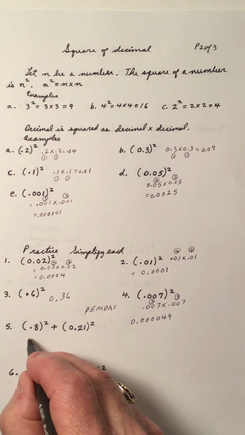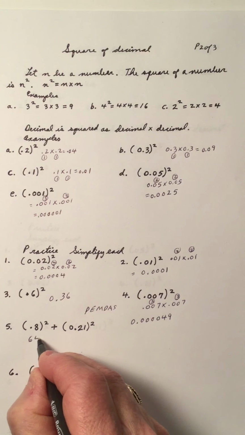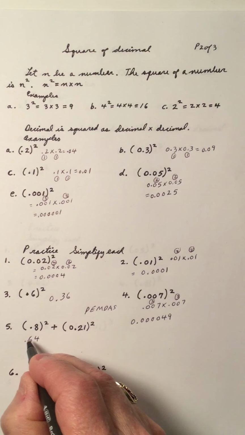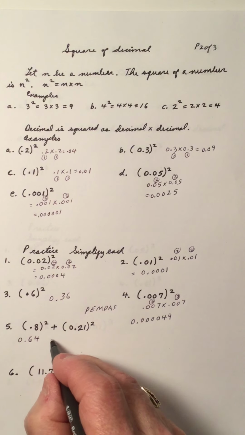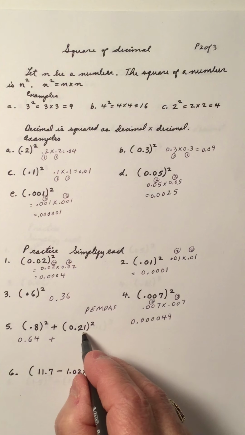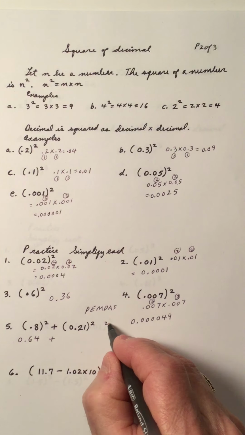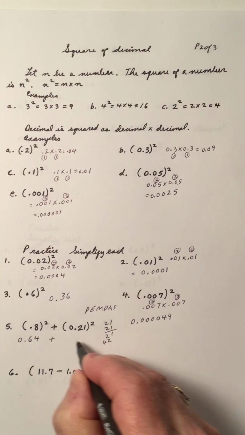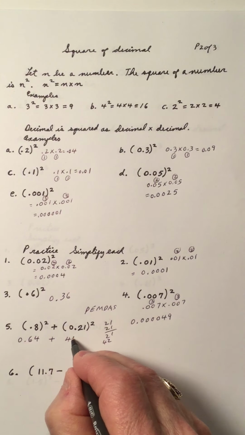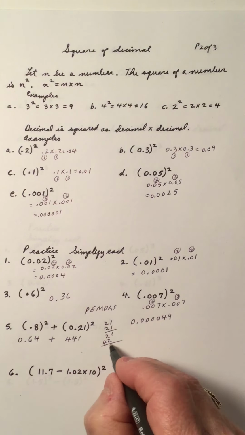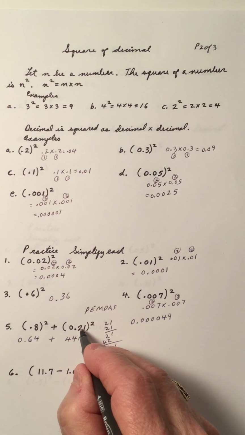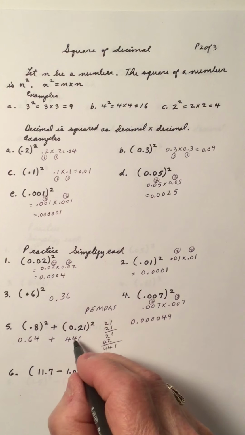So 0.8 squared, 8 eights are 64, and we have one decimal place and two decimals. So it's 0.64. And 0.21 squared, well, 21 times 21 is 441. And we have two decimal places, so it's 4 decimal places altogether.